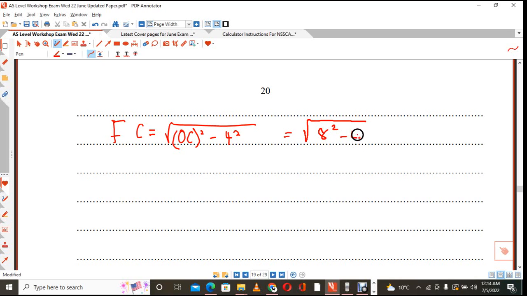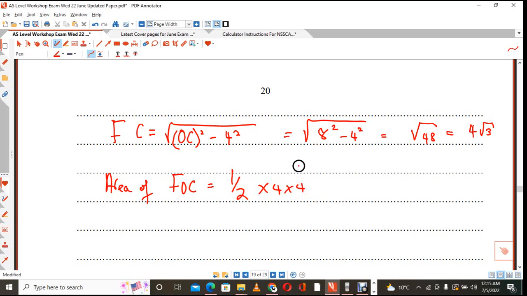So 8 squared minus 4 squared gives you 48, root 48, or that gives you 4 root 3. Okay, now you can then also say the area of FOC, which is going to be a half times 4 root 3, that gives you 8 root 3.